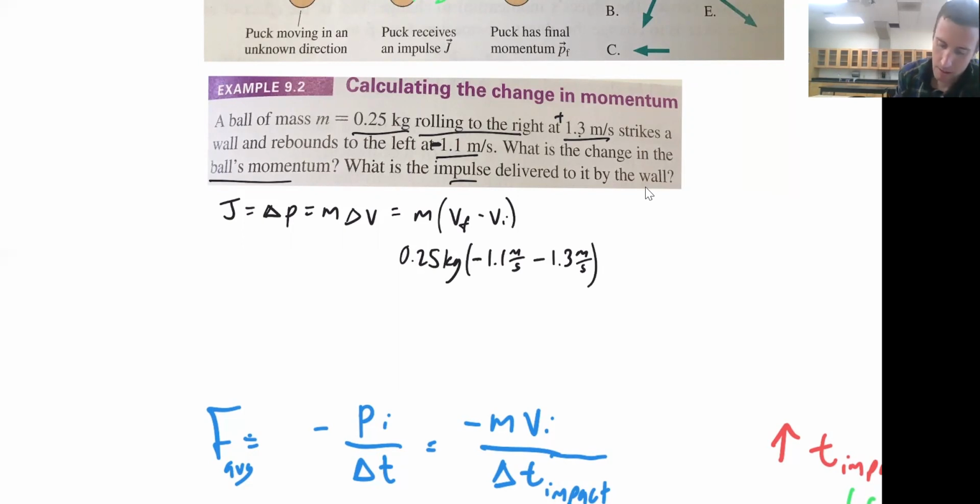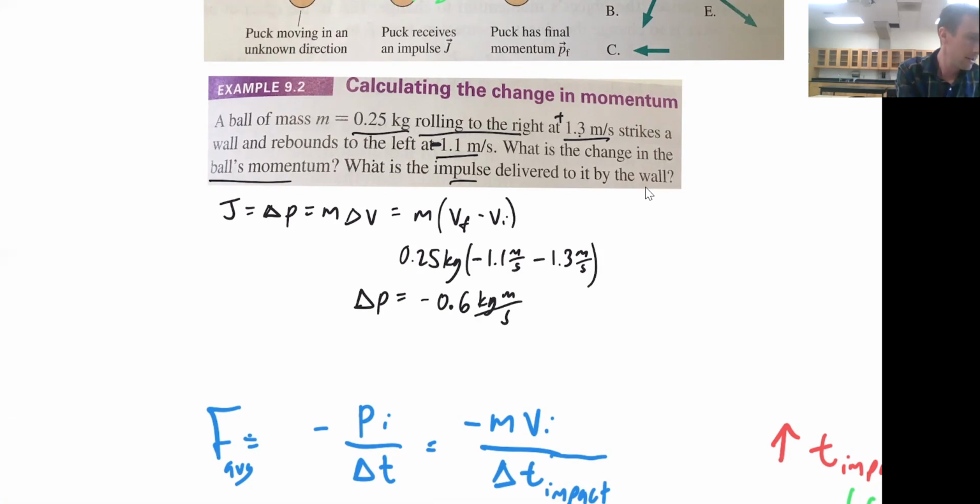So I'm doing negative 2.4 times a quarter, which should give me negative 0.6. Yeah. So my change of momentum is negative 0.6 kilogram meters per second.